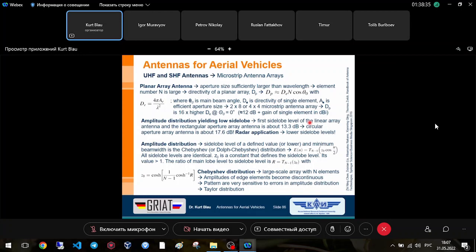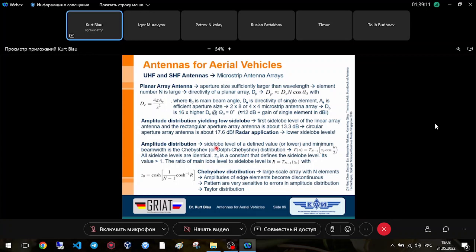But in our case of single excited elements, in the borders of this array, you can realize this in such a way that every element, doesn't matter if it's in the middle or on the edges, can be excited with the same level. And this leads to the effect that the side lobe levels are very high. We will see it in one of the next slides.